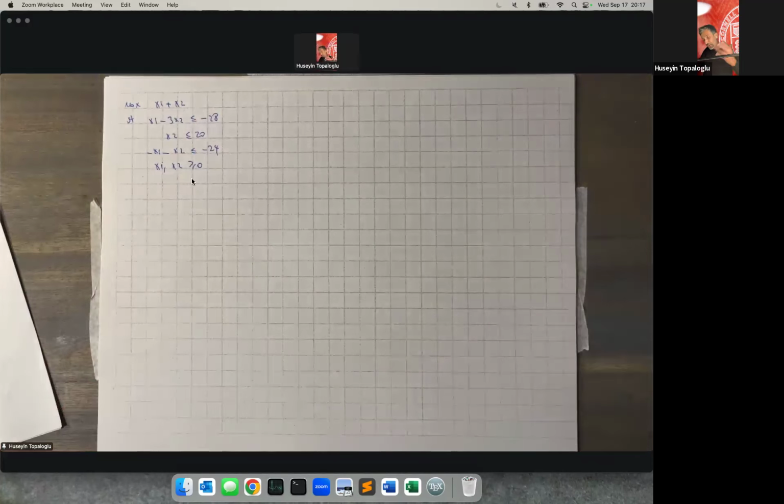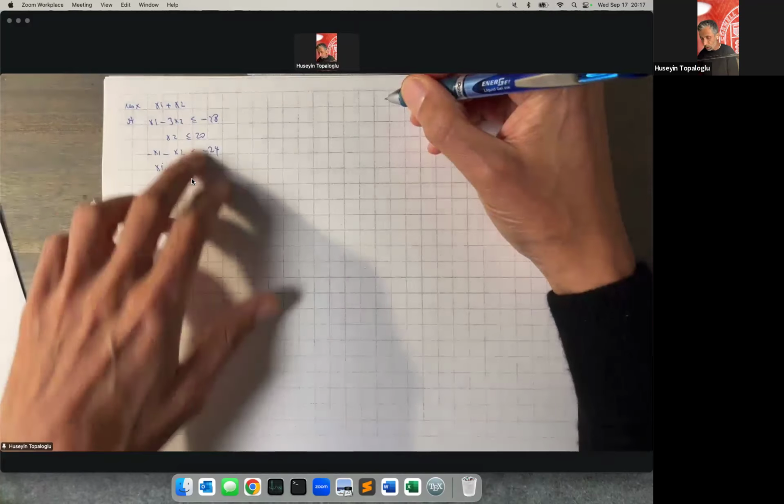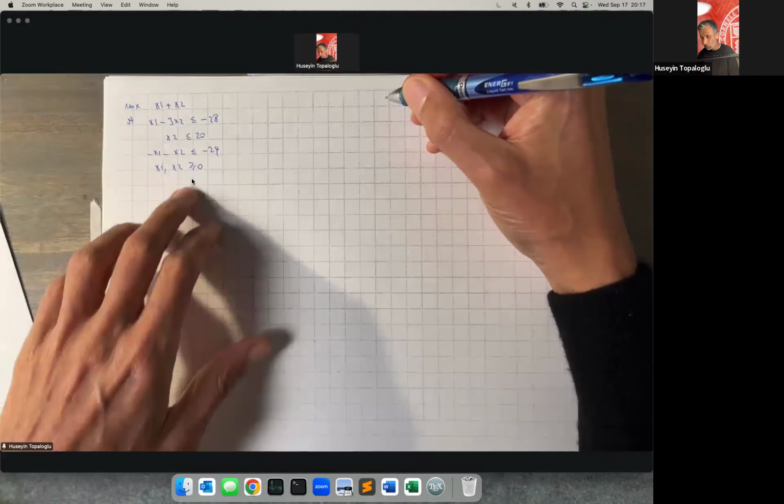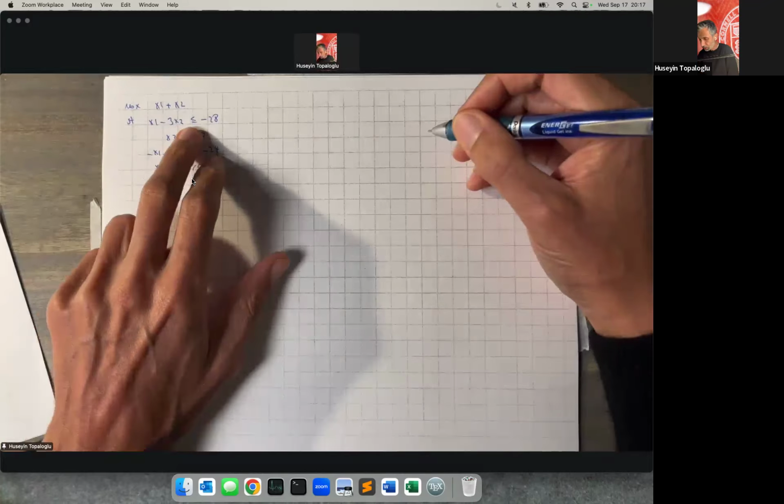All right, so then let's try to apply the simplex method as we know. The first thing we're going to do is express all of the inequality constraints as equality constraints by using the slack variables.